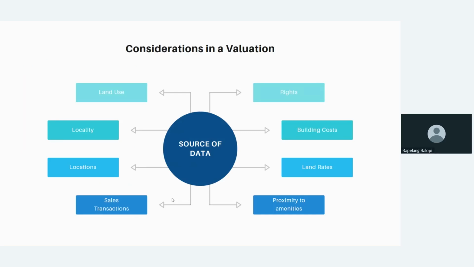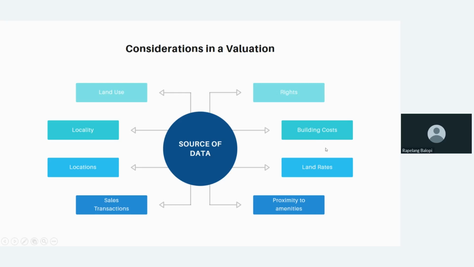So different considerations and different kinds of data are used in automated valuation, or in valuations in general. So there is the assessment or the consideration of the rights on a particular property. There is a consideration of the building costs.